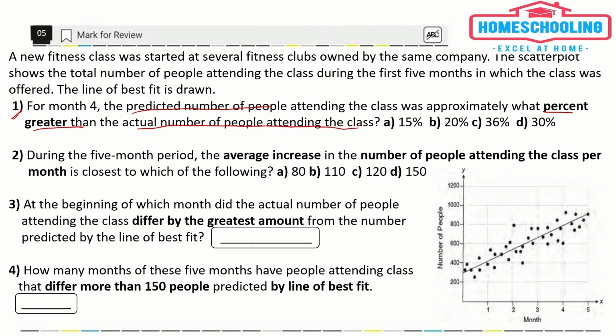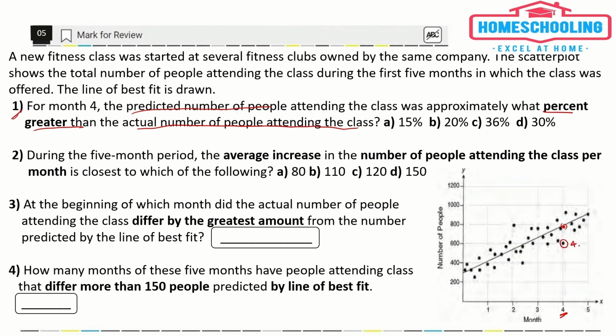So this is our month 4 here. We have to find first the predicted number. The predicted number is on the line of best fit. It is slightly below 800 people. So this is our predicted number of people attending the classes, and the actual number is this one.